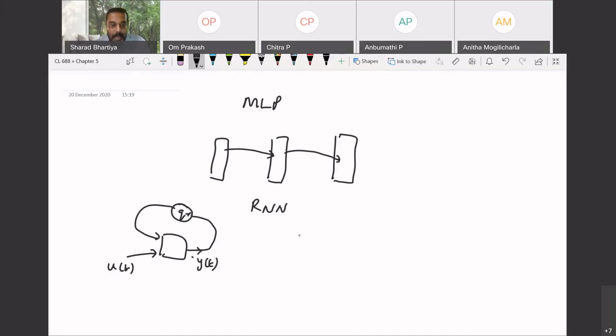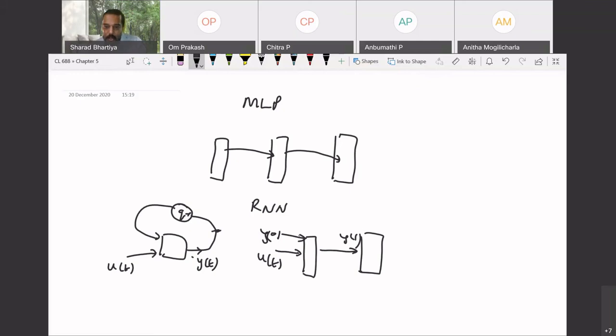Now, if I want to represent this as a feed-forward neural network, what would I do? I would say that this is my U of t. I will need one initial condition, Y0, and then I will get Y1.